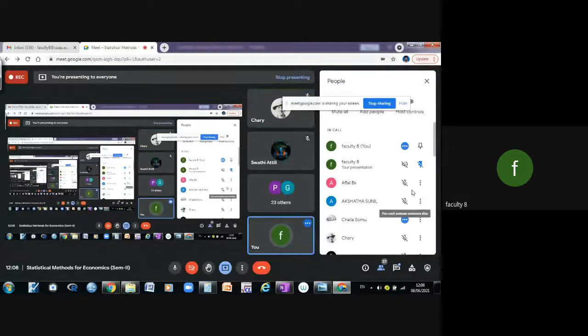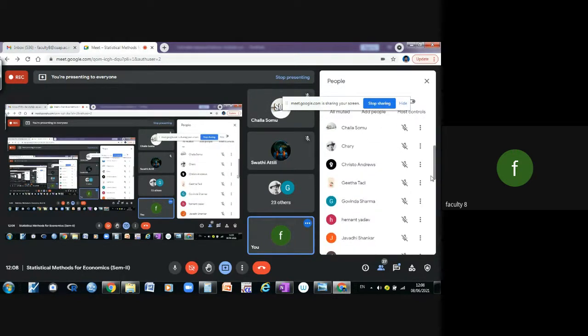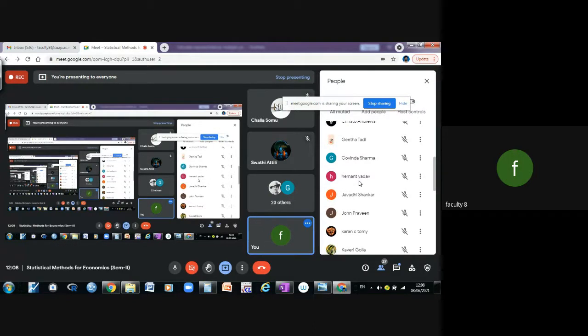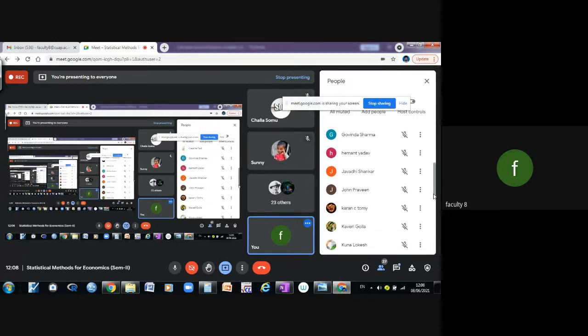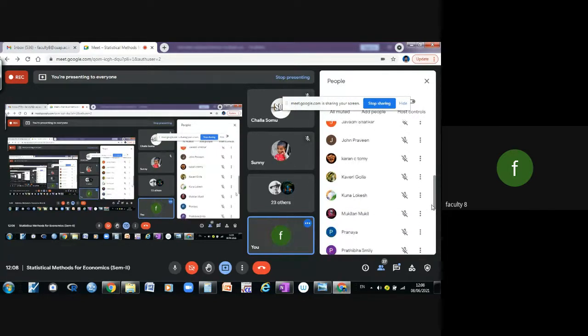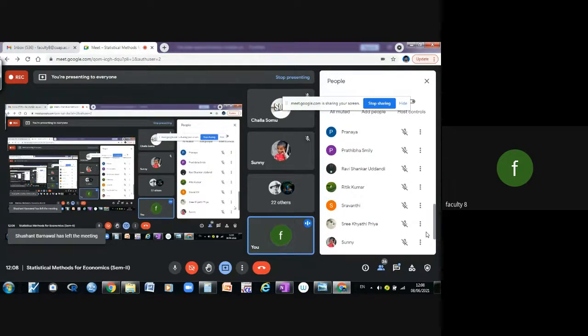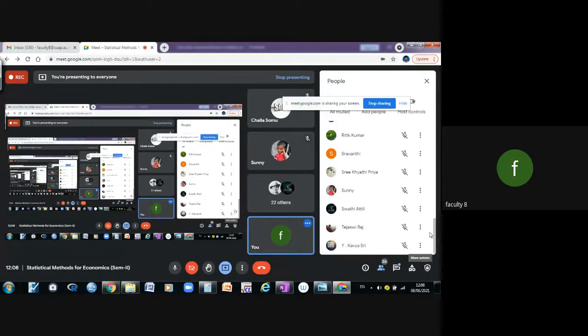Salasomos, Akshita, Afgal, have you understood how we can calculate the seasonal indices when you have multiple years? Geeta, Hemant Yadav, Jawal Shankar, John Praveen, Kaveri, Lokesh, Pranaya, Pratibha, Ritik, Sravanti, Sunny, Swati. Understood, sir. Kavya, yes, sir.